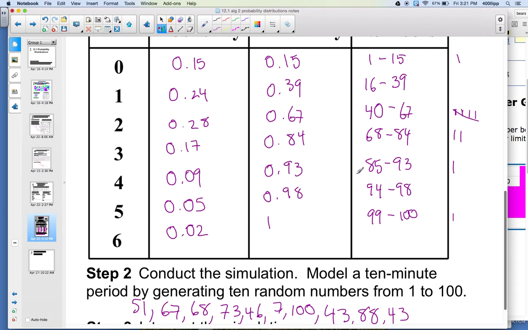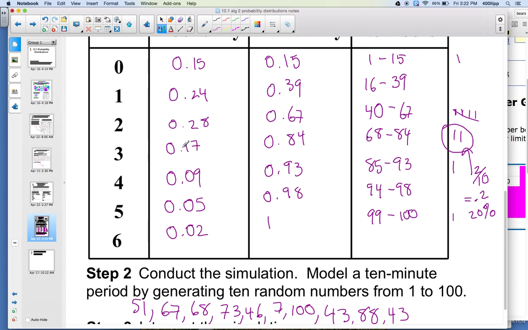Okay, so if we look here, the more numbers that we pick, the more accurate it will actually be. But if we take a look at some of these, this one right here is telling us that we actually had 2 out of the 10, which is 0.2 or 20%, fell within this range.